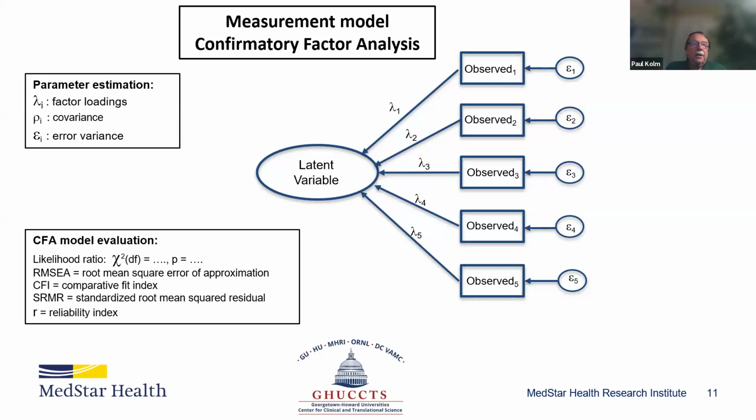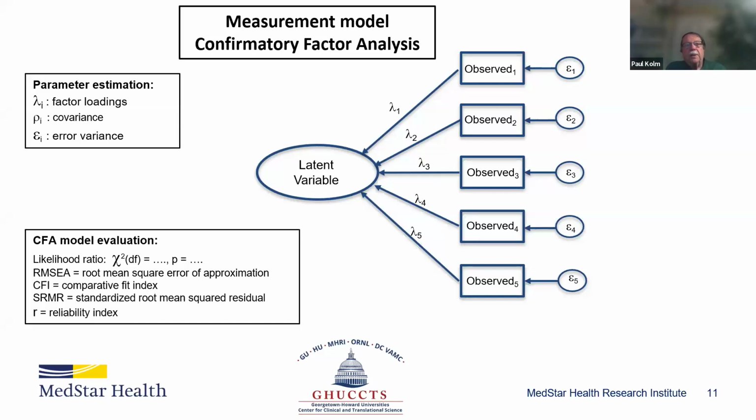Another measure of fit that we're going to look at is the root mean square error of approximation. And this, we want to be fairly small. Then the comparative fit index, which is a measure of the fit of the model. We want that to be fairly high. And then the standardized root mean square residual.